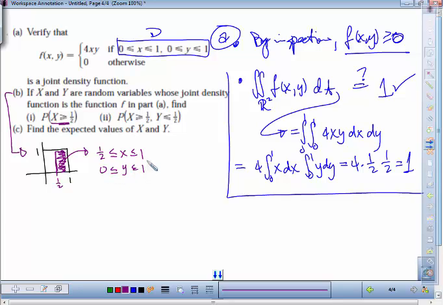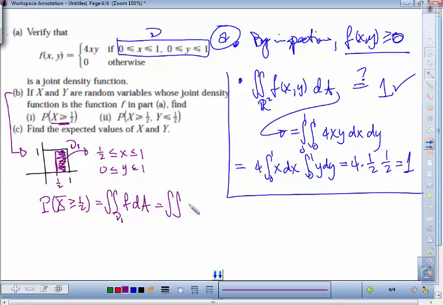So all we have to do is an integral with this as its domain. So the probability where x is bigger than or equal to 1/2 is going to be given by a double integral over this domain, let's call this D1, of your f function.